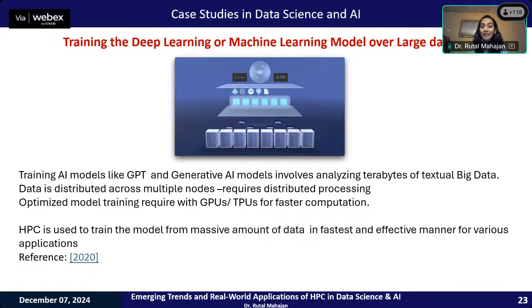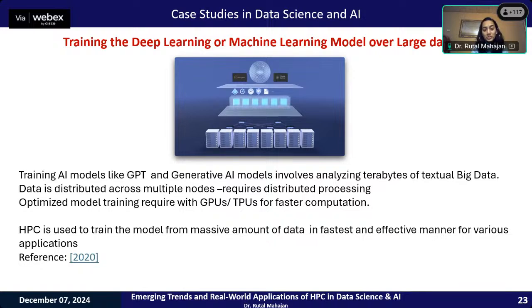But for that, our training needs to be perfect. So we need that precise training. Of course, there are many parameters affecting that. But to handle that large data, considering we are providing precise training with an enormous amount of properly curated data, processing that enormous amount of data requires lots of time if we are not using HPC.